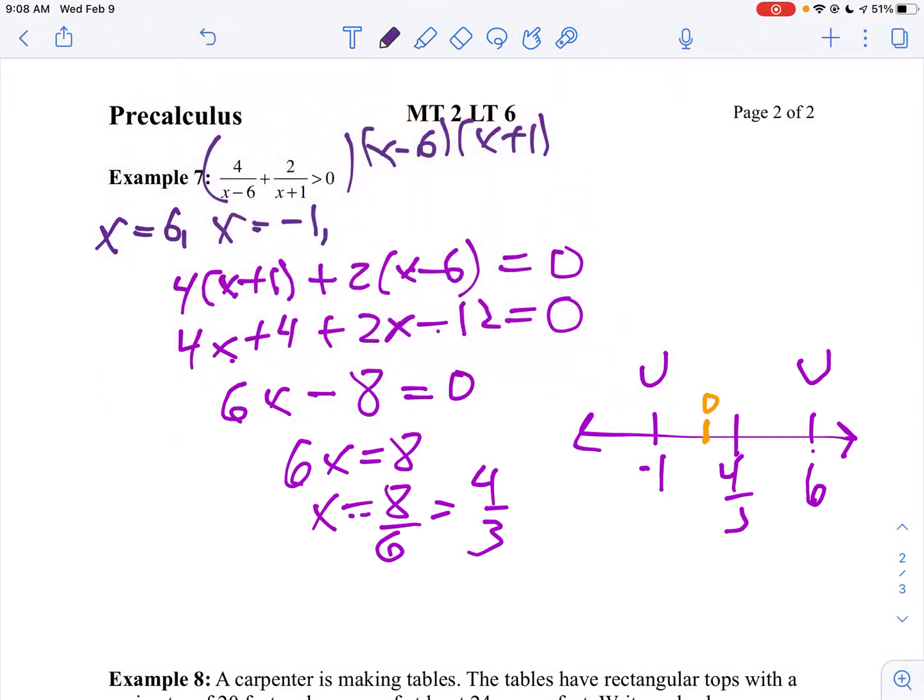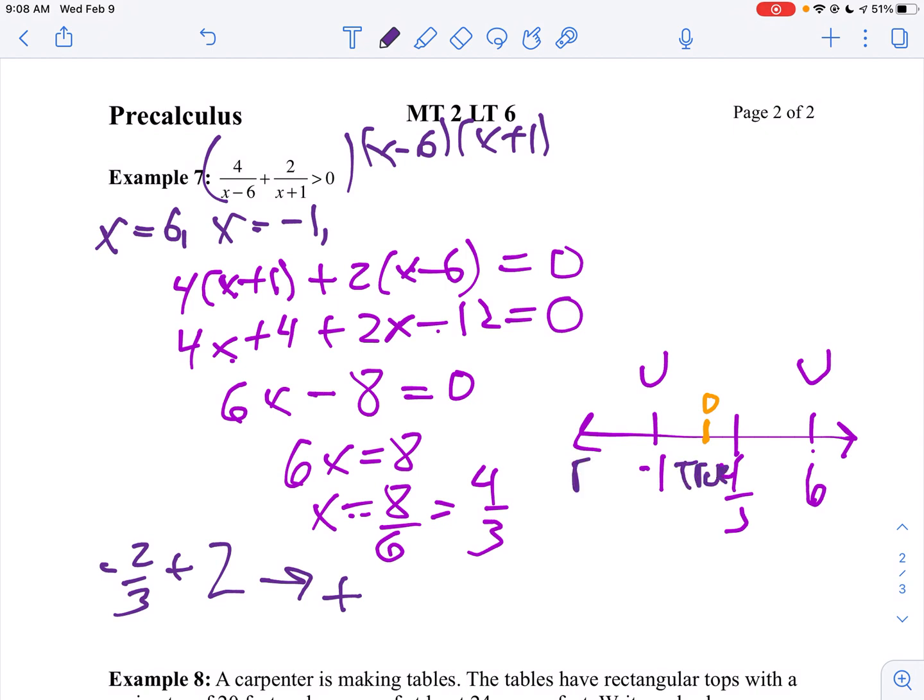Well, I get 4 over 0 minus 6, or -2/3, plus 2 over 0 plus 1, so I get 2. So 2 minus 2/3 equals a positive number. So that part is true. In other words, this part of my graph is true.